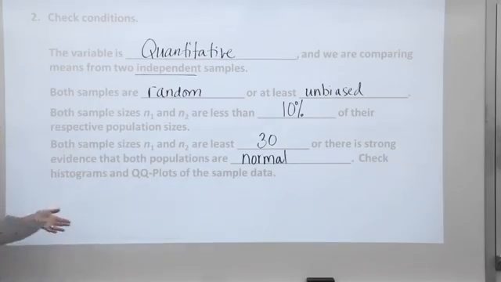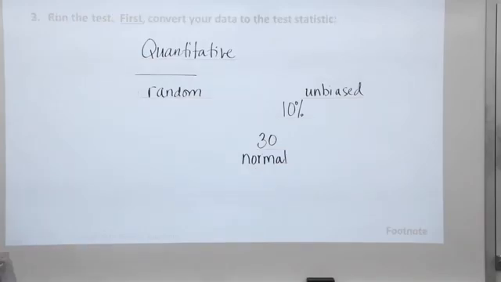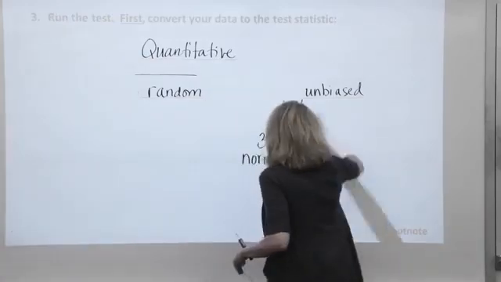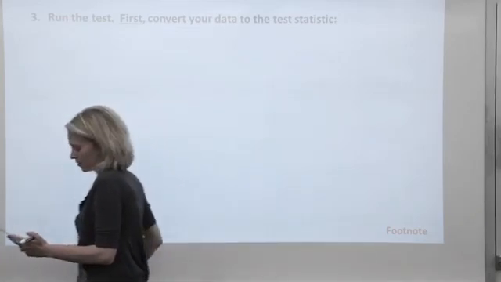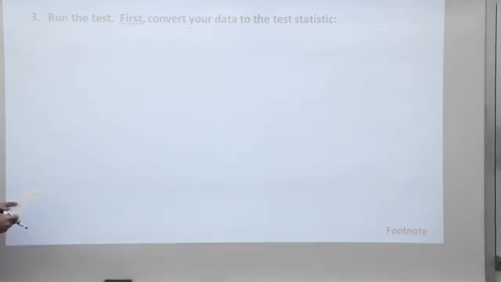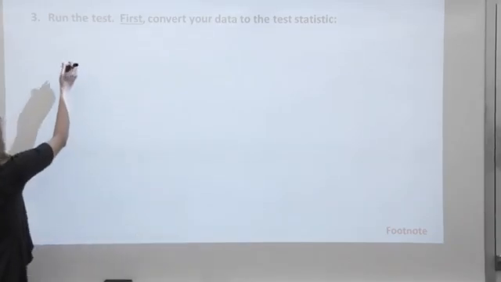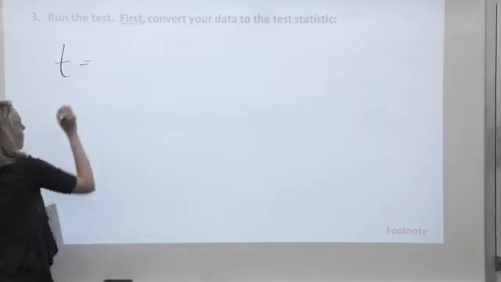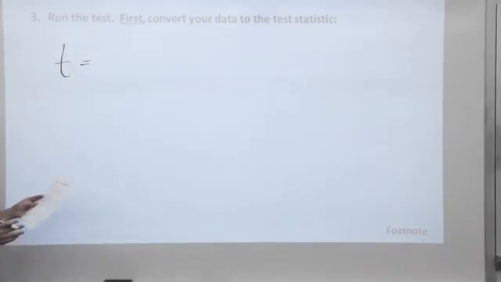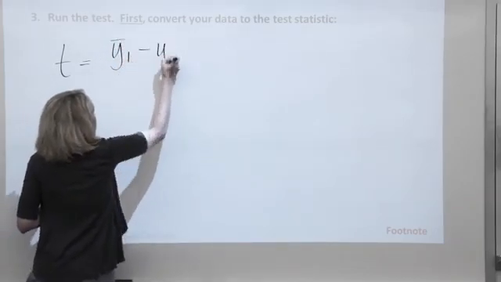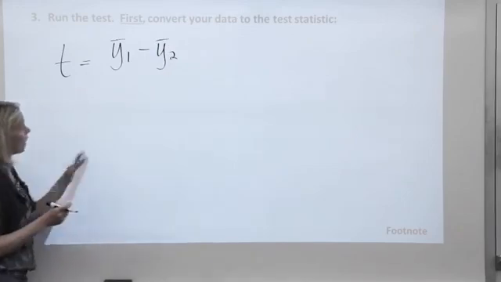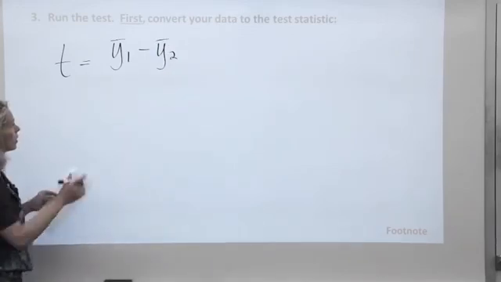After our conditions, we're ready to conduct our test, so we need a test statistic. And just like when you had one mean, we computed a t-test statistic. We're going to compute a t-test statistic again, but the formula will be a bit different since we have two samples. We'll look at our two sample means, and we'll look at the difference of those.